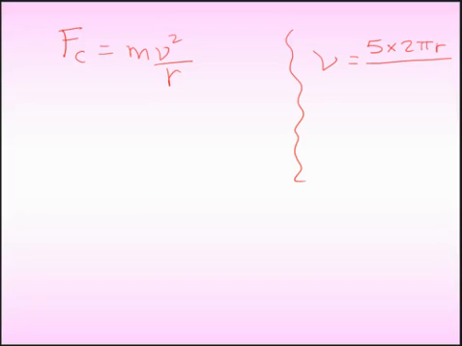Technically, we're basing it off 5 full T's. So let's just make it small t, as if it's regular time. So it equals 5 times 2 times pi times, what was the radius? 4 meters, all right? Divided by 2 seconds.